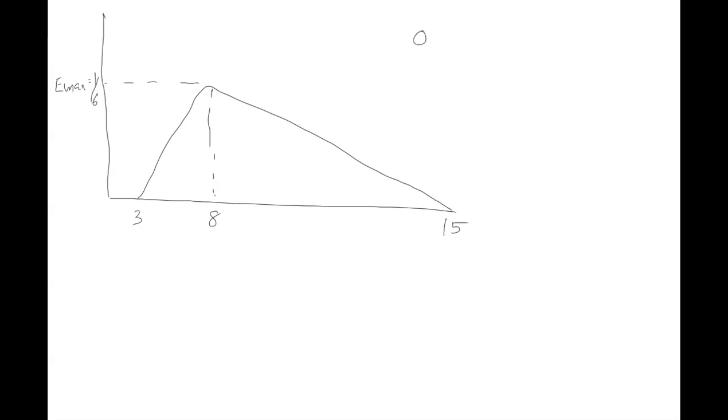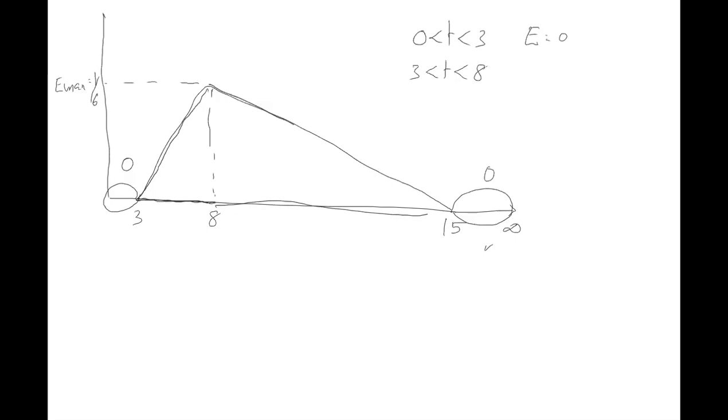So 0 here. This is also 0. For 0 less than t less than 3, E is 0. Here is 0, here is also 0. E equal to 0. Then for 3 less than t less than 8, what should you write for the T bar? E varies as per the straight line equation. From 8 to 15, E varies as per another straight line equation.